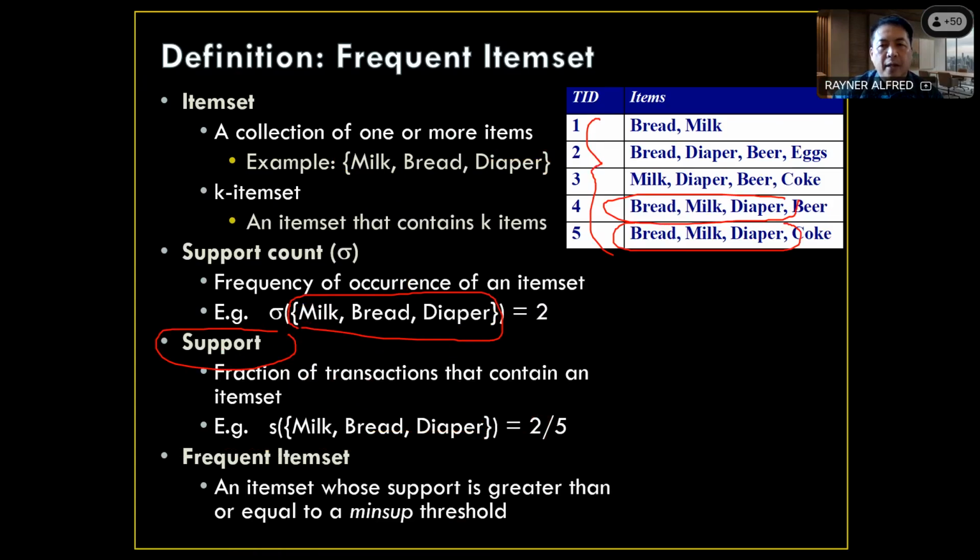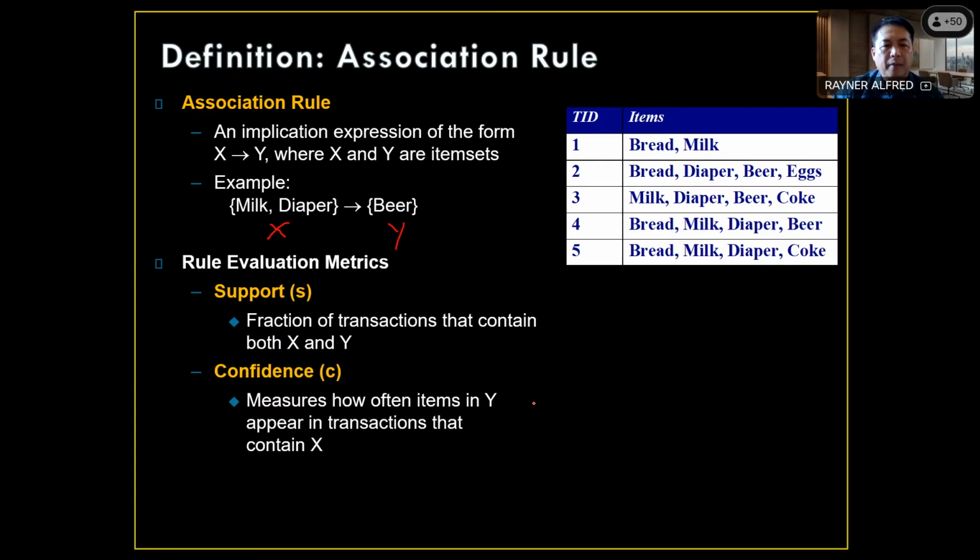So we have that support. We also have this confidence. This confidence measures how often items in Y appear in transactions that contain X.